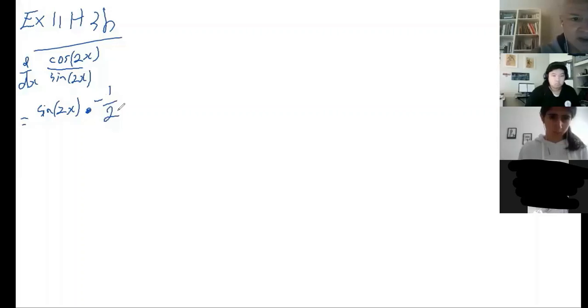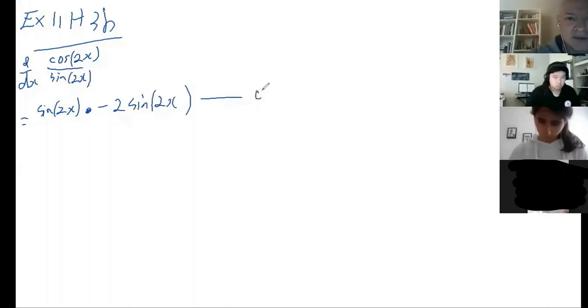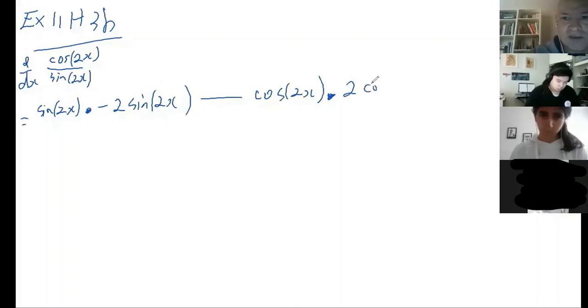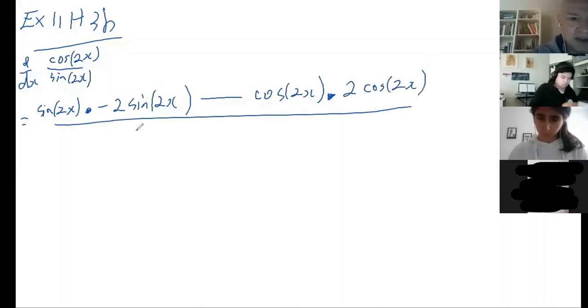It's 2 times, it's negative 2 sine 2x, minus, leave the numerator cos of 2x, differentiate the denominator. So this becomes 2 times, differentiate sine, you get cos of 2x, all divided by sine 2x.